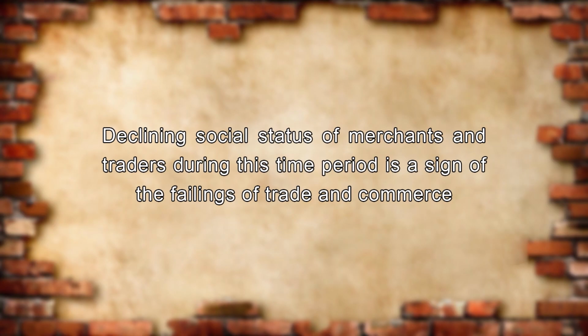The declining social status of merchants and traders during this time period is a sign of the failings of trade and commerce. Trade was negatively impacted by the emergence of numerous self-sufficient entities headed by landed beneficiaries.